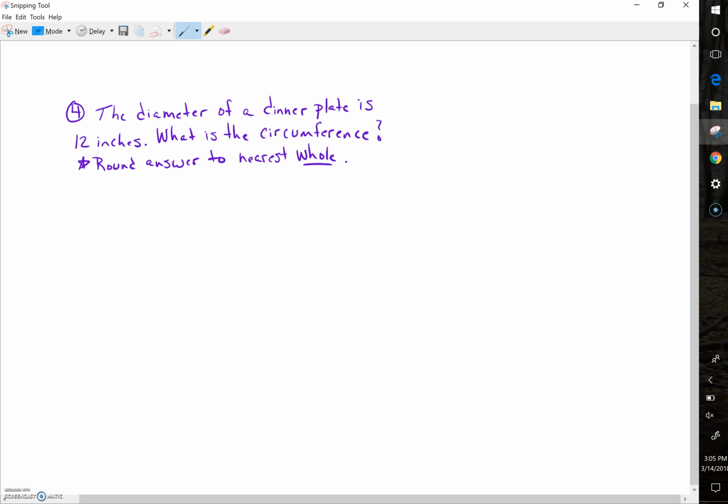Number 4, the diameter of a dinner plate is 12 inches. What is the circumference? So I'm going to draw the dinner plate real quick with a diameter of 12. Circumference equals pi times diameter.